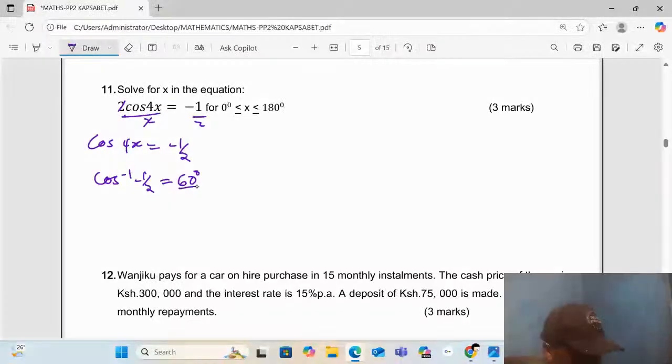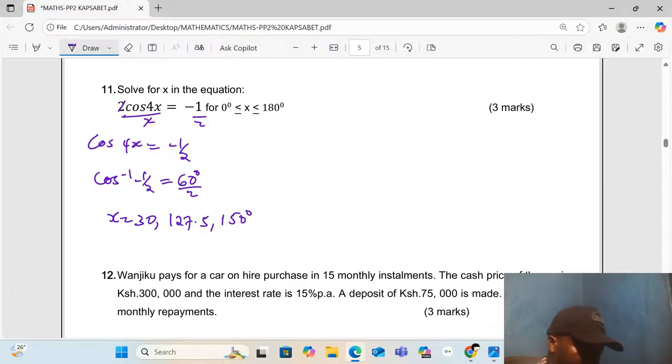60 divided by 4, first value of x to be, next one will be 127.5. They are saying the values of x should be in between with these two, 180. So that we also have another one, another value is 150 degrees.